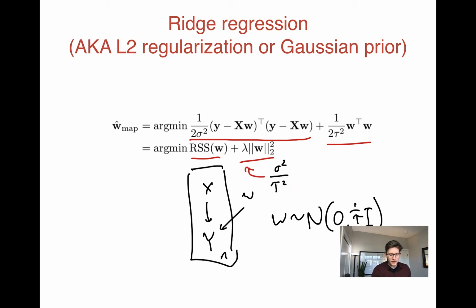This is a measure of the strength of the prior. So we can look at it as the relative uncertainty about the observations, sigma squared, versus our uncertainty about our prior on the weights, tau squared. So higher lambda means stronger prior, stronger regularization. And we have here the 2 norm of w, which is this thing here.